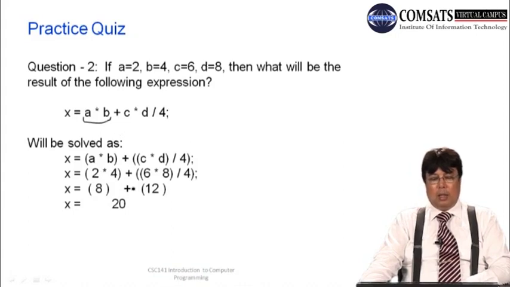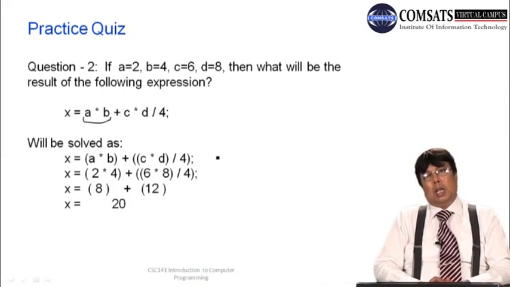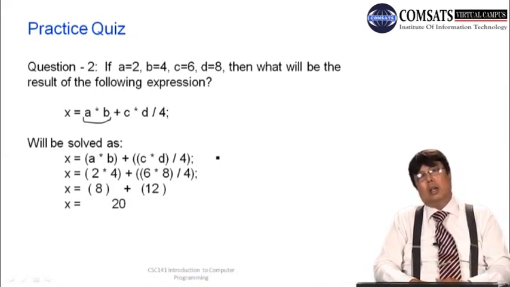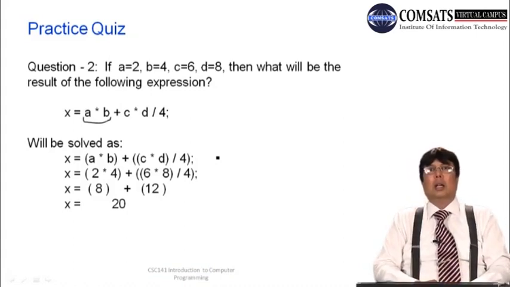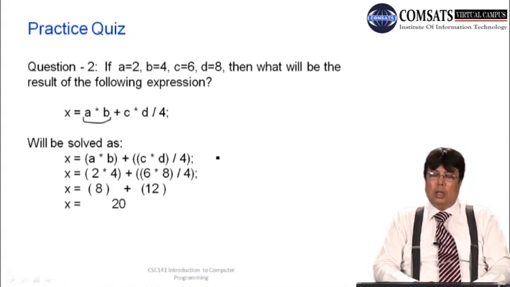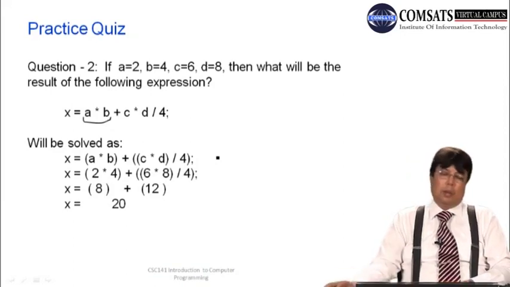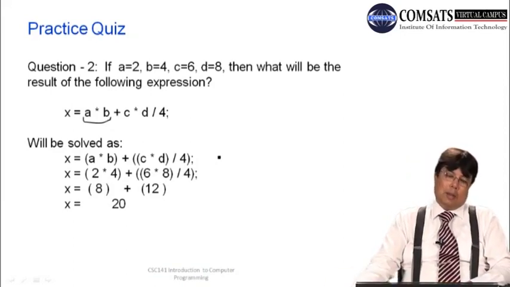And finally, this plus will be executed. So this is another way to solve any arithmetic expression: you start scanning the expression from left to right and put the parenthesis in the order that you consider to be the order of execution. That will be an easy way to solve any arithmetic expression according to their precedence level.